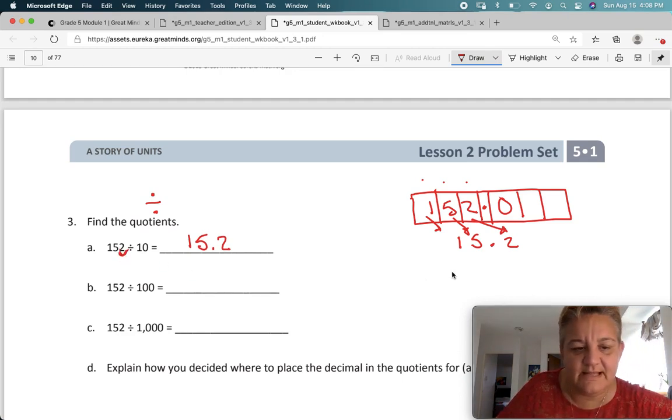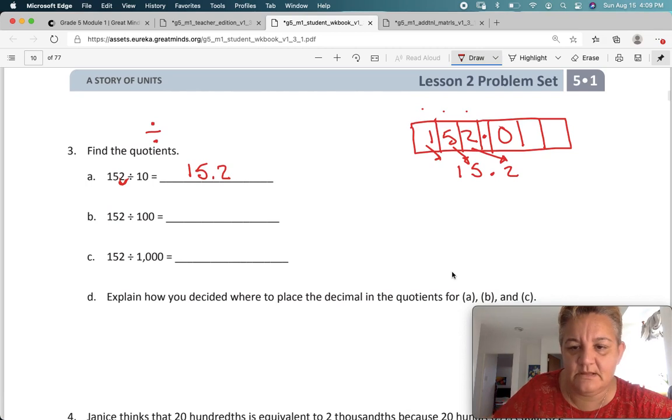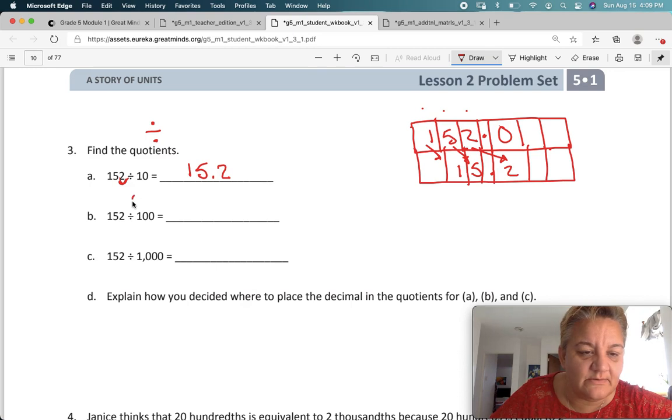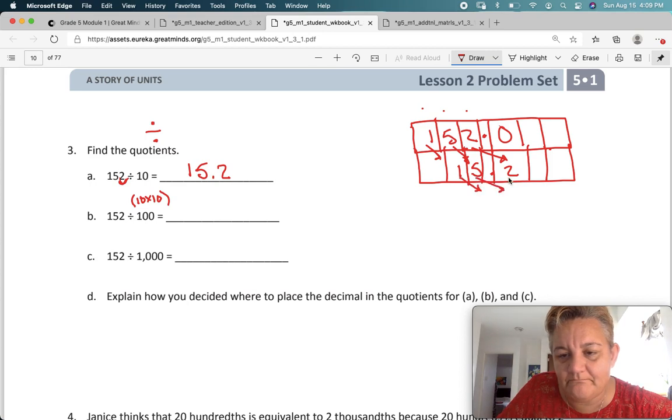Okay, now let's do it again. This time, what am I doing? I'm really just dividing by 10 times 10, and I already divided by 10 once. So 10 times 10 means I'm just going to move it over one more time, or 2 times from the original, right? And my new answer is 1 and 52 hundredths, okay?